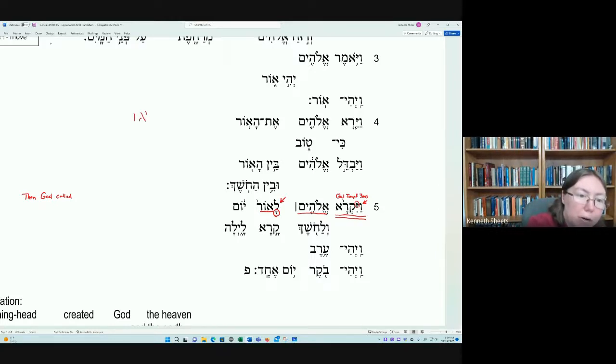We have the word or, hey with a pathak followed by a dagesh forte for the article, but the dagesh forte goes inside of the aleph, which is a guttural. So it rejects the dagesh forte, the preceding vowel lengthens, and then if I add the lameth preposition, the hey drops out, and the lameth assumes the pointing, giving us the form laor.